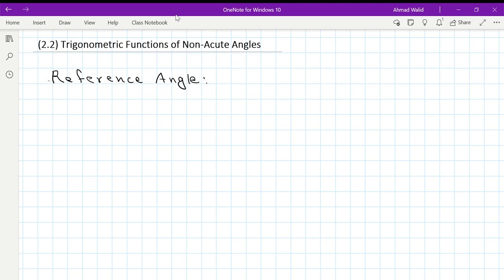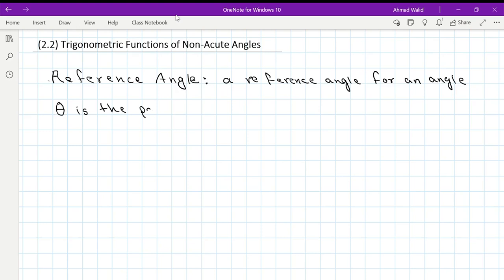Let me put here the definition, then I can explain. A reference angle for an angle, let's name our angle theta, is the positive acute angle made by the terminal side of angle theta and the x-axis.